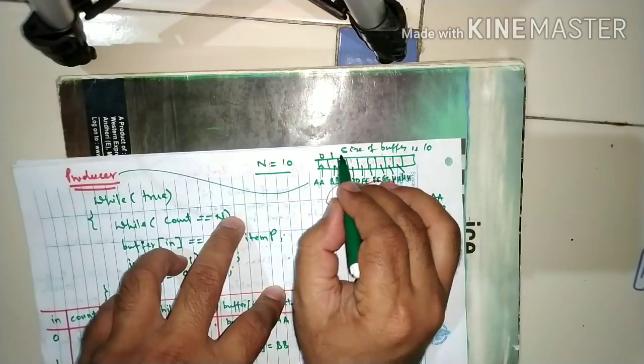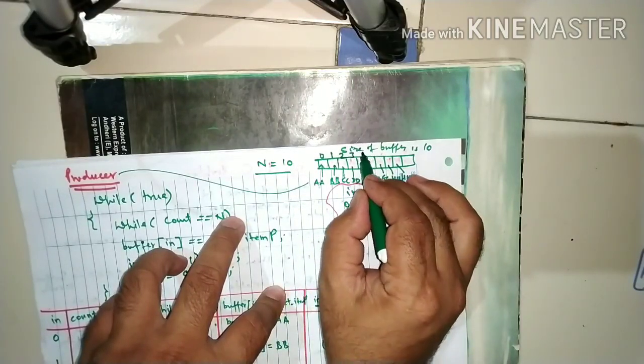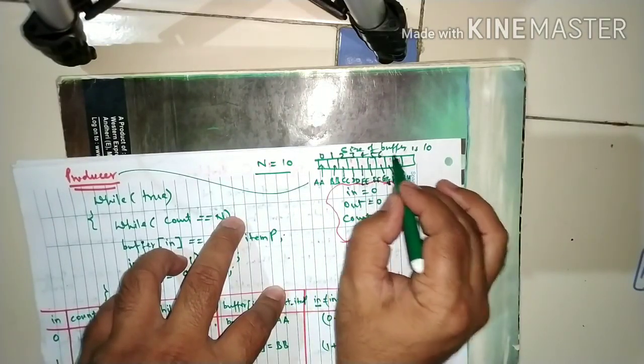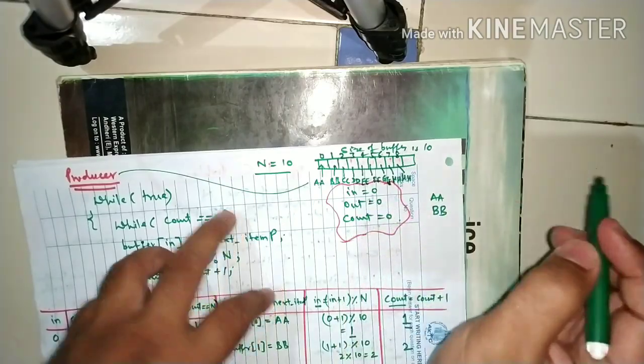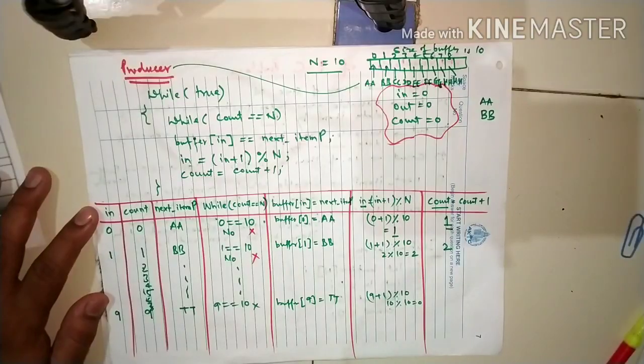So the value of in is 9 and the count is 9.